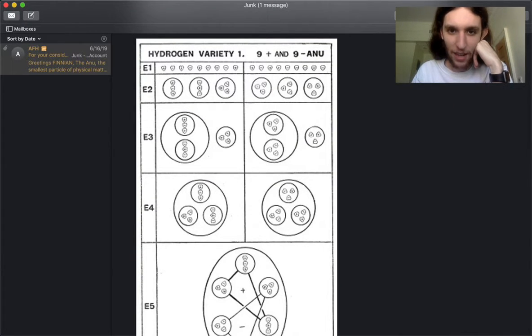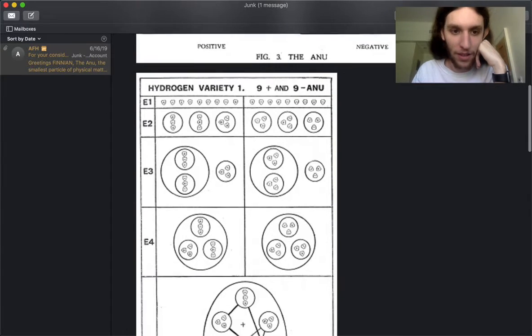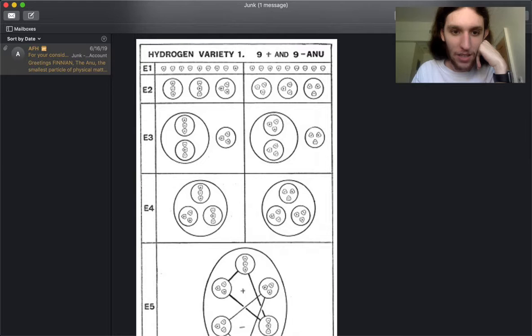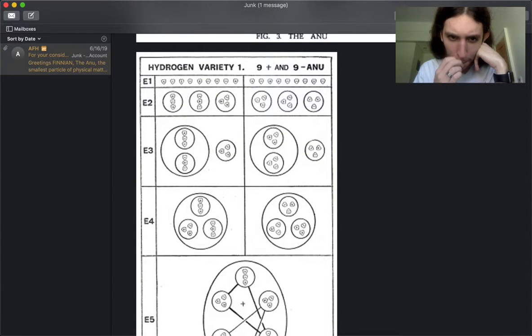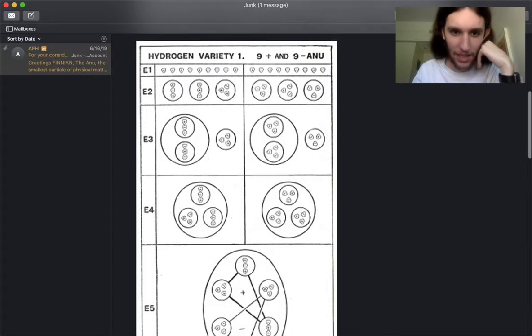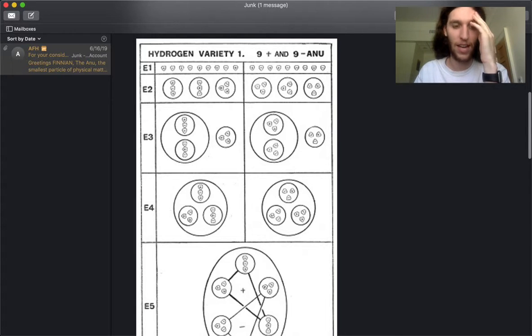Hydrogen variety, 9 plus and 9 minus. Oh, positive and negative. E1, E2, E3, E4, E5. Are these energy levels? These remind me of electron configurations in atoms.